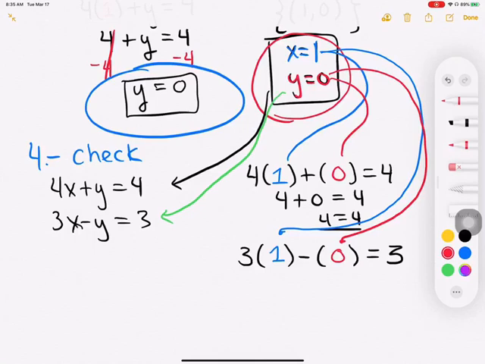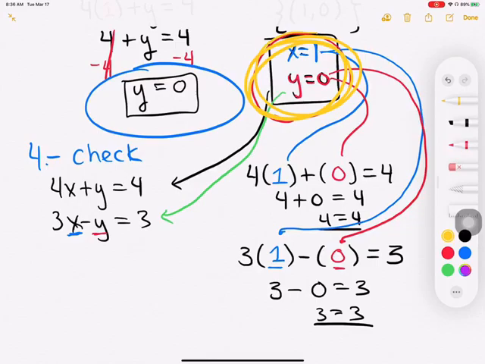Right? I am replacing these values in the equation. If you do PEMDAS, that's going to be 3 minus 0 equals 3, and 3 equals 3. As long as these two numbers are the same, that means that x equals 1 and y equals 0 is the solution for this system.